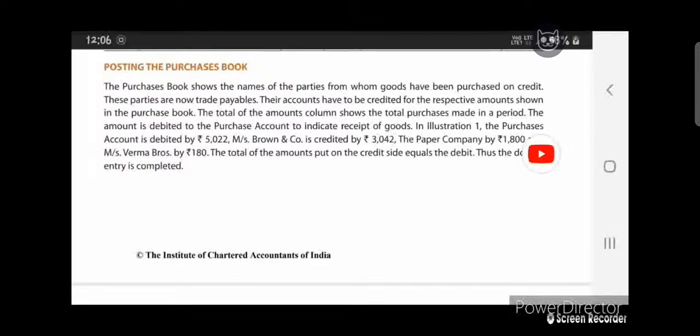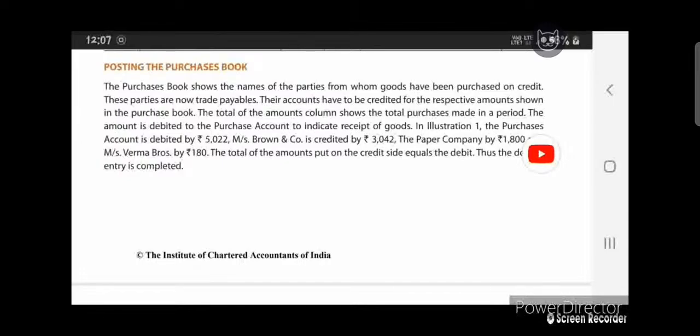To indicate the receipt of goods, it will be debited to the purchase account.